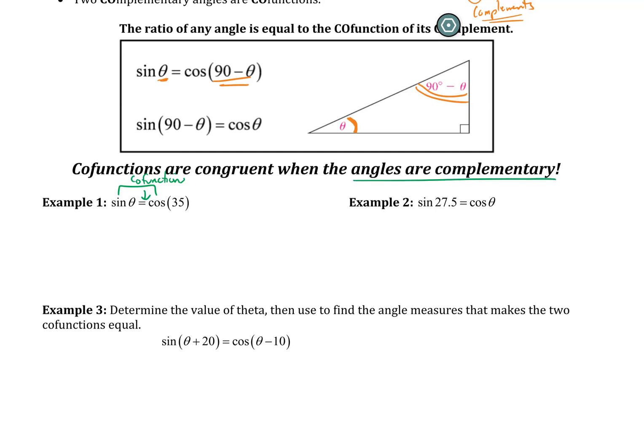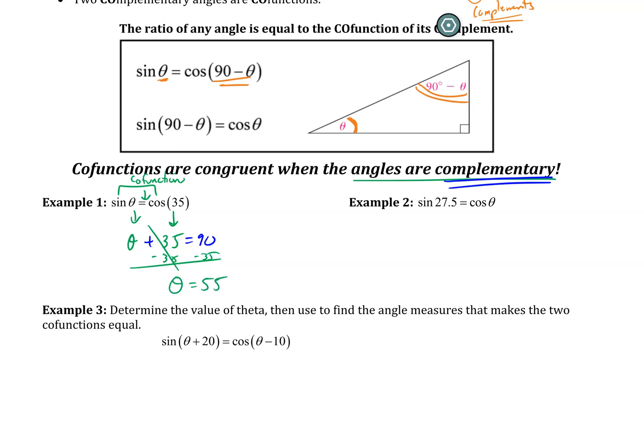I can take these two angles, theta and 35, add them together, and they must equal 90 degrees, because that's what it means to be complementary. So I can now solve for theta. If I subtract 35 from both sides, theta is going to equal 55.